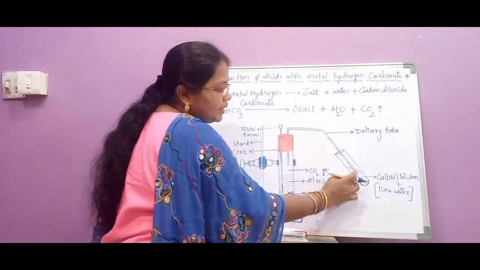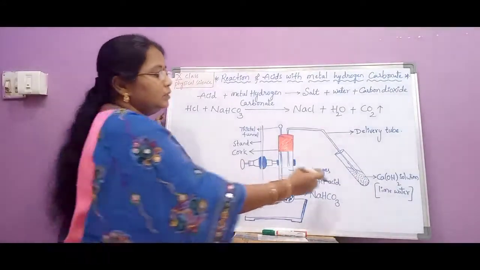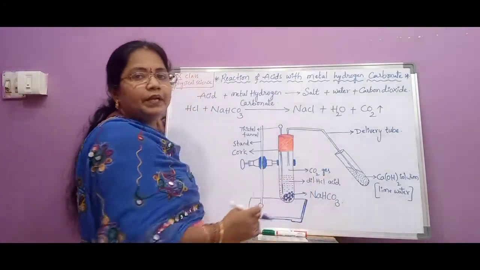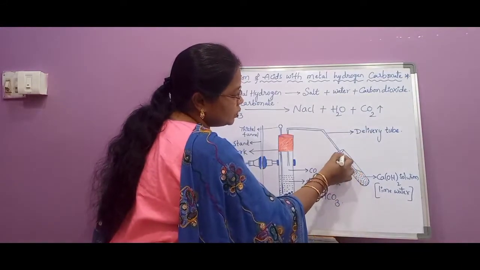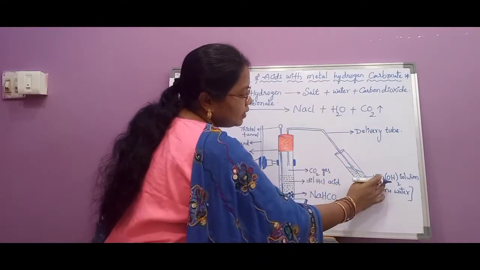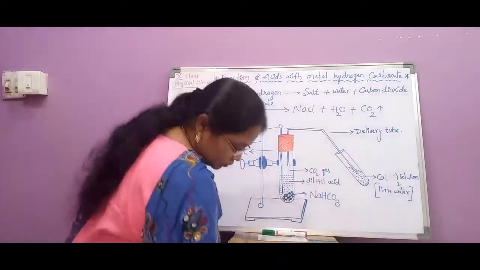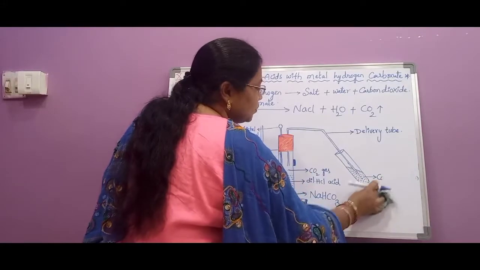On passing this carbon dioxide through the lime water, again we immediately see the lime water turning into a milky white precipitate. When it mixes with the lime water, it immediately converts into a milky white precipitate due to the formation of calcium carbonate.